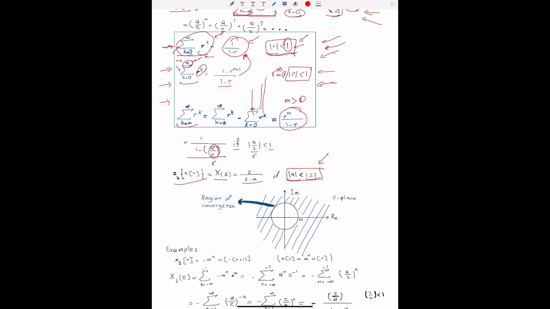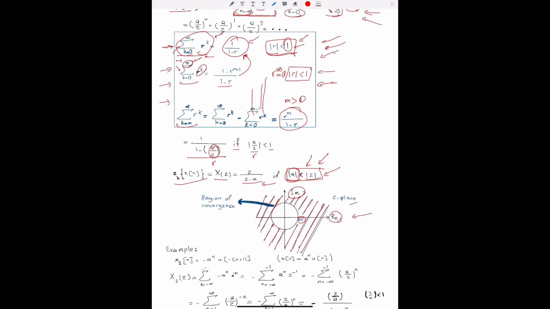And so if we want to show this in the z-plane, what points in the z-plane will actually converge and have an answer in the z-transform, okay? So if we have the real part and the imaginary part, and we draw a circle here with a radius of a, if the magnitude of z is greater than a, then this will hold. So if we are outside of this circle, then the magnitude of z is greater than the magnitude of a, right?